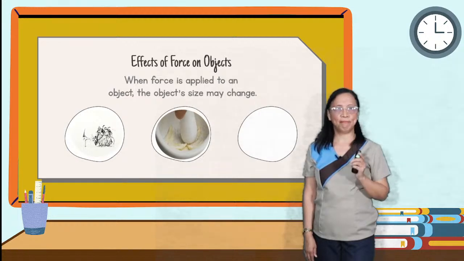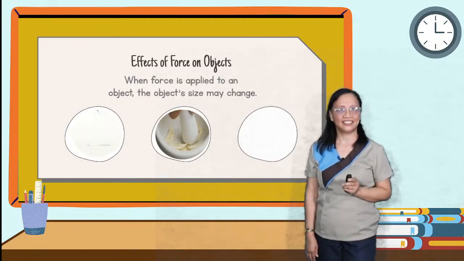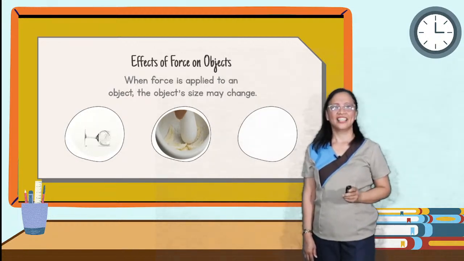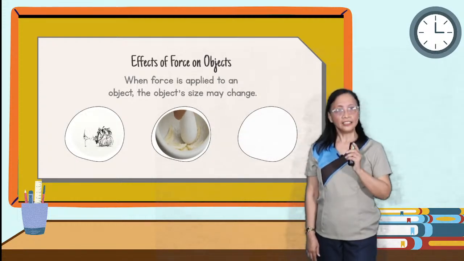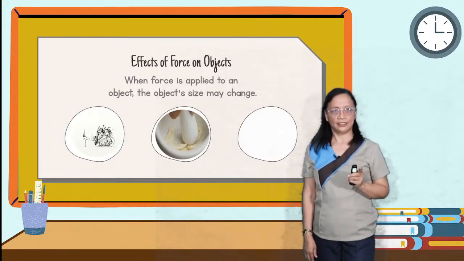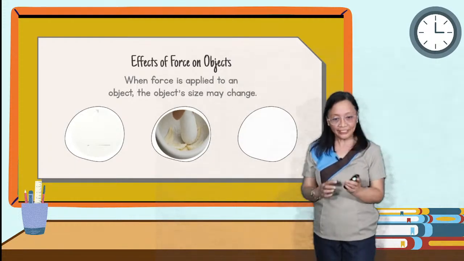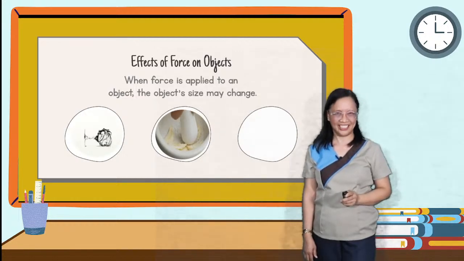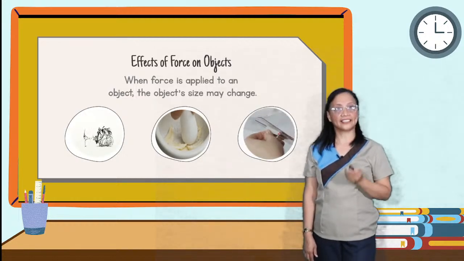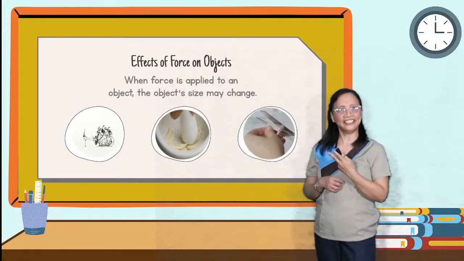Second, what's that? That is pounding garlic. Yes. Pounding will definitely change the size of any object. So when force pounding is applied, the size of the object will change. Okay? Next. Oh, that's cutting paper.